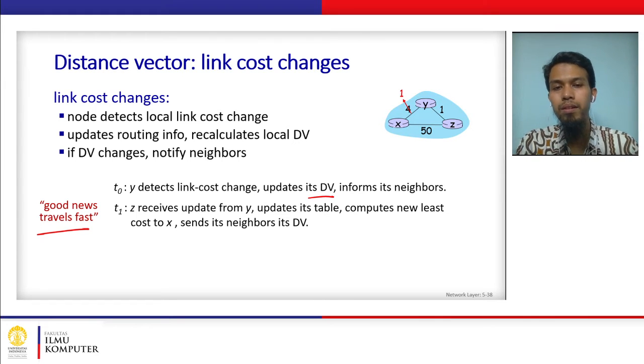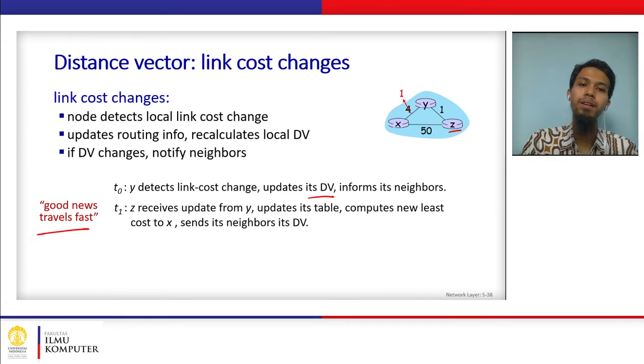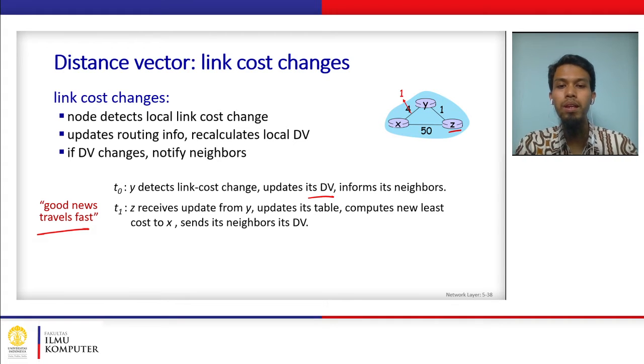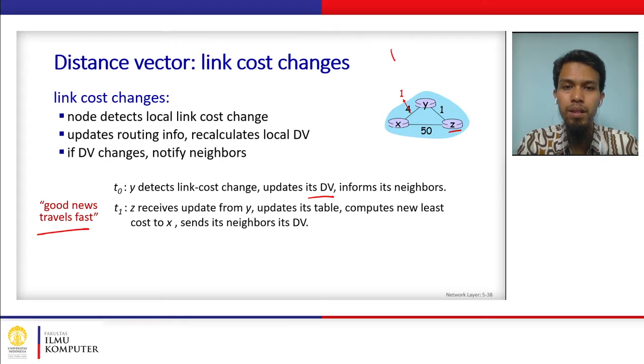So at t1, Z receives the notification from Y, and then it updates its table and computes the new least cost to X. So if before, at Y, dyx equals 4, then due to the changes, it becomes 1.